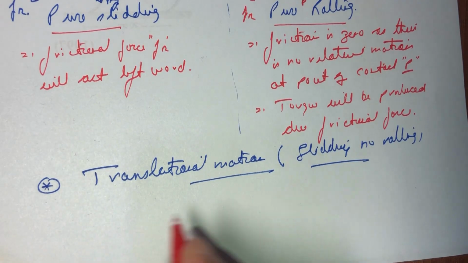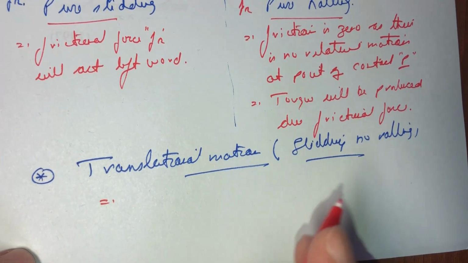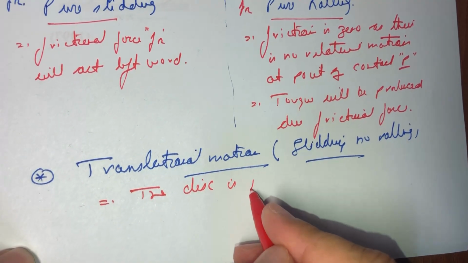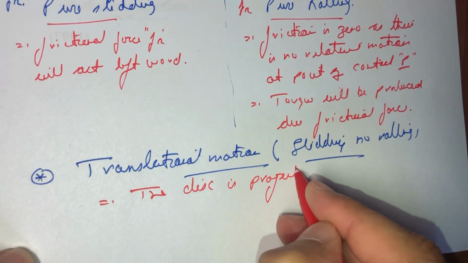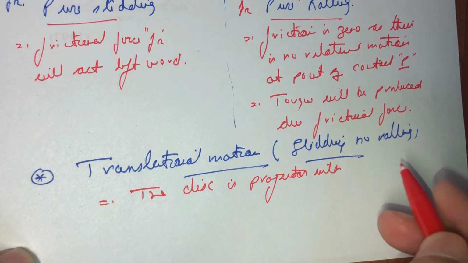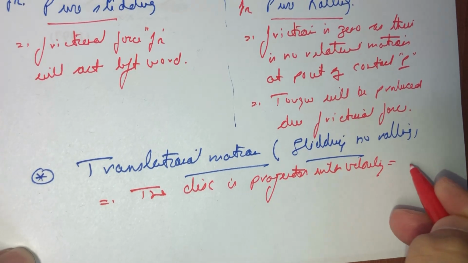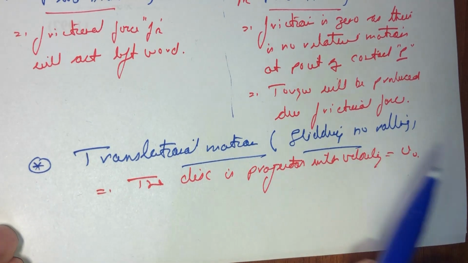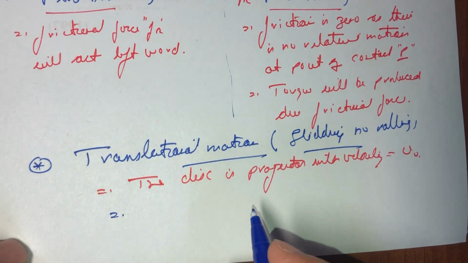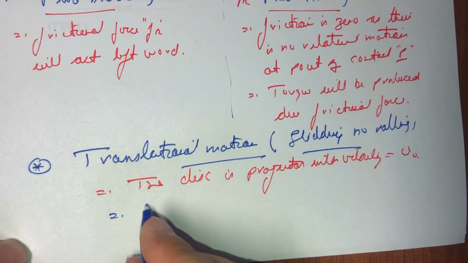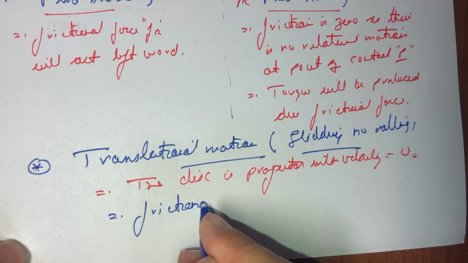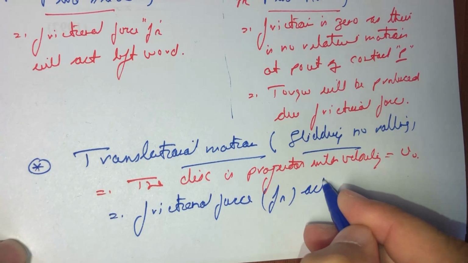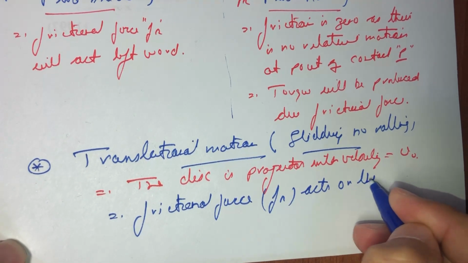It is given in the question itself that the disk is projected with the velocity v0, and a frictional force Fr acts on the disk.